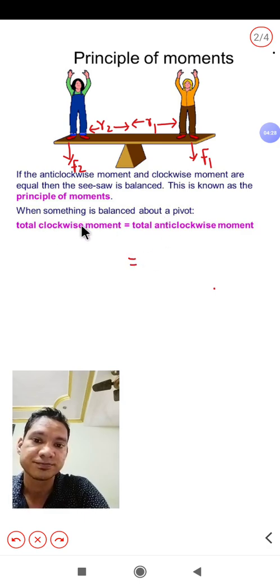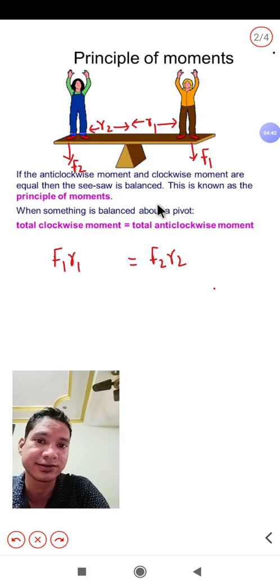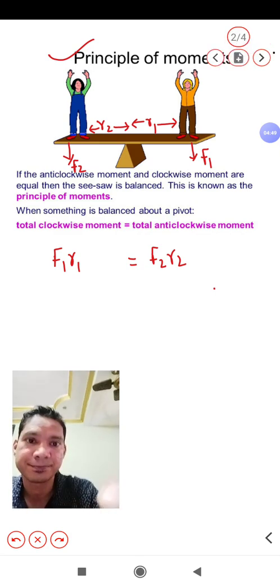Clockwise moment is F1 into R1. Anti-clockwise moment is F2 into R2. If they both are equal, then we say the rod is balanced, and that is the principle of moments. So let's use this formula to solve the numerical.